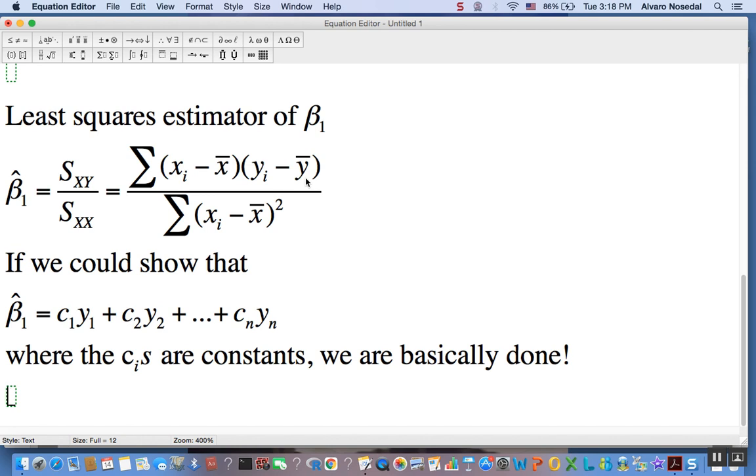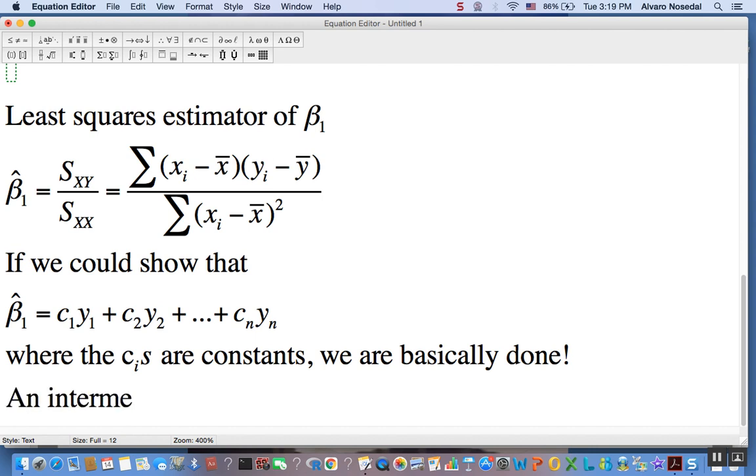It is the same as the sum of xi minus x bar times just yi. So that's an intermediate step, and let's do it because it's going to be really helpful.